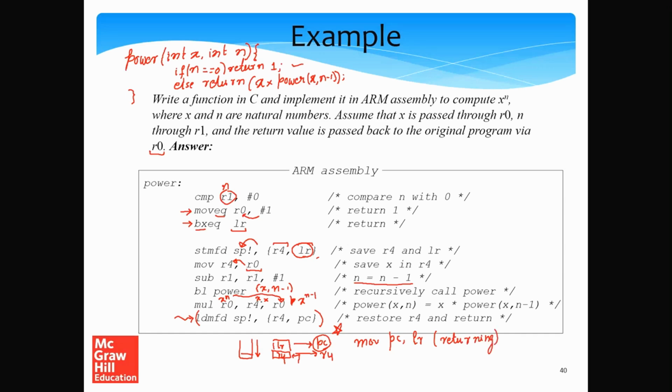We had modified R4, so just before returning, we are restoring the value of R4 so that the caller will not be able to know. Secondly, LR is something which we had modified, so that's the reason we saved it on the stack.